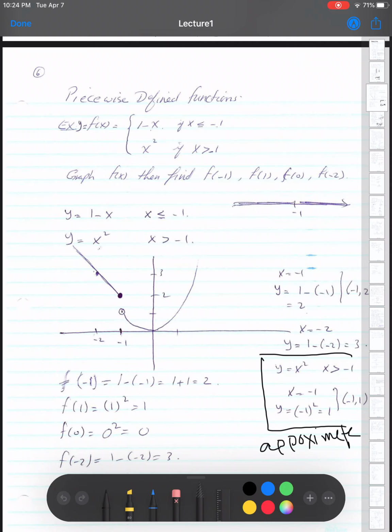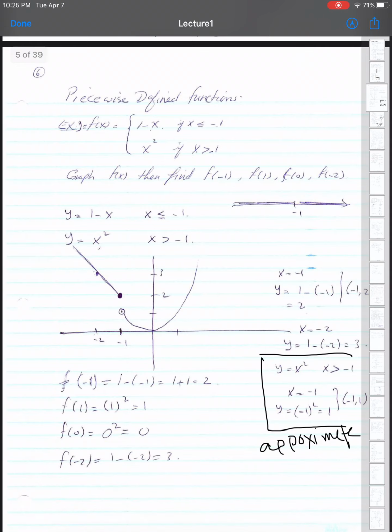The first function is y equals 1 minus x. So this is how the graph will look. And then it also asks to find the values of f of negative 1, f of 1, f of 0, and f of negative 2.